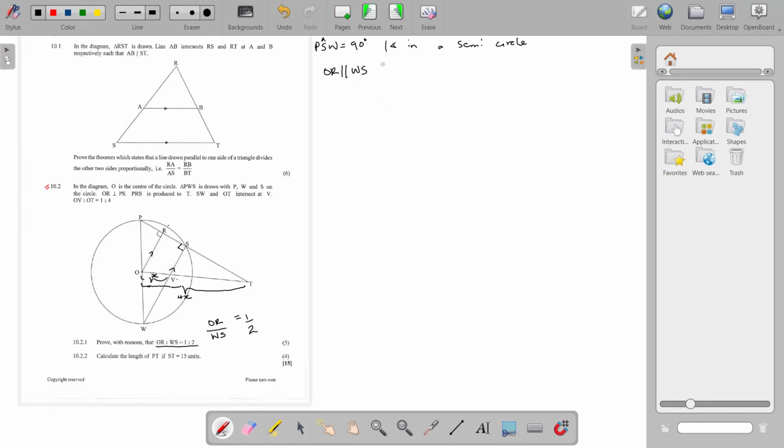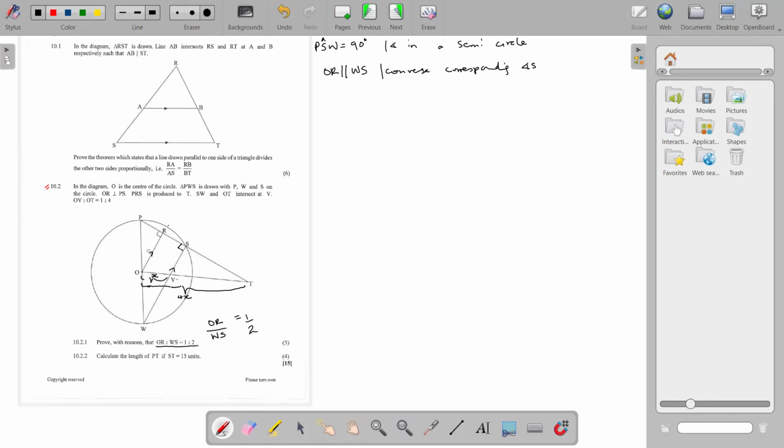The reason: converse of corresponding angles. Since these two angles are corresponding, we conclude that these two lines are parallel.